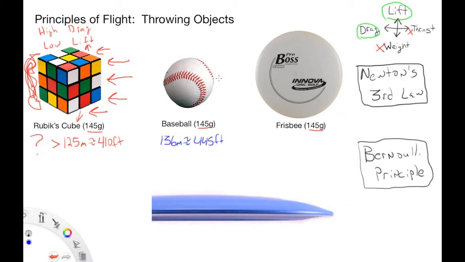Now, why is this the case? Well, a baseball has a medium amount of drag in comparison to the Rubik's Cube, and it has a medium amount of lift. That's because when a baseball is thrown, the air moves both around the baseball on the top and the bottom. The stitches actually come into play.